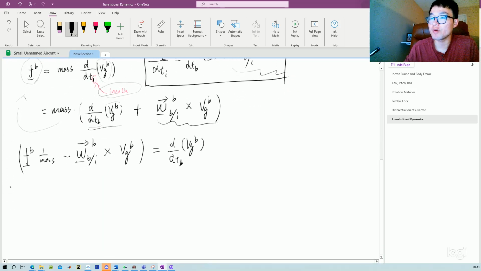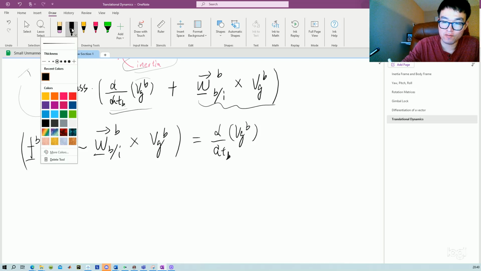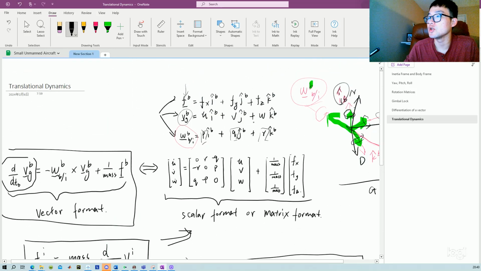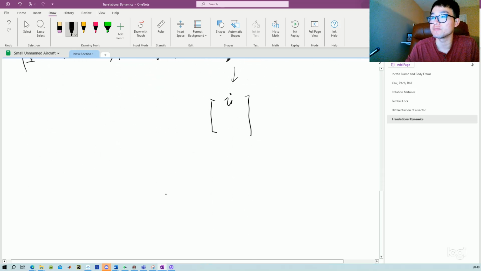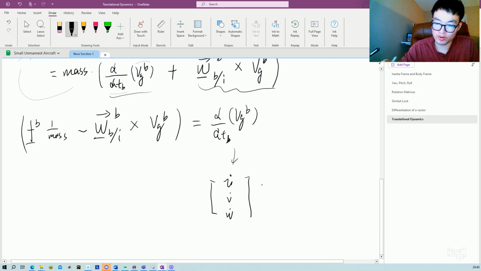With that, we can expand a little bit from this vector format. The VG is like U, V, W. That's why we can express this part as U dot, the time derivative, so U dot, V dot, and W dot, and these are all in the body frame.